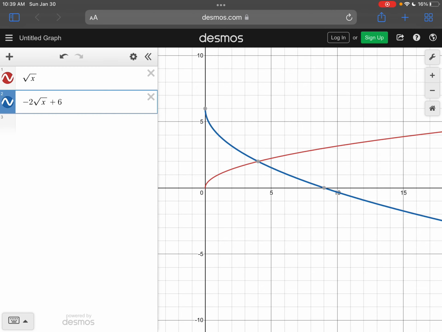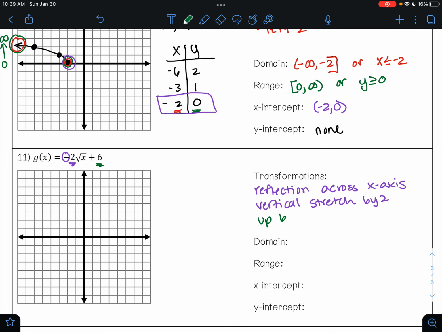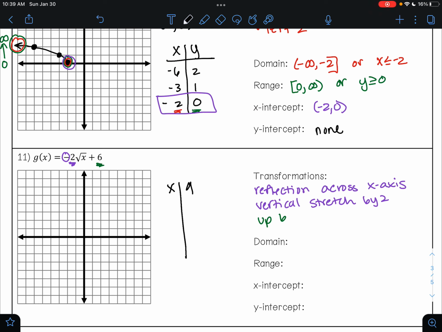So I'm going to use the points 0, 6, 1, 4, and 4, 2.